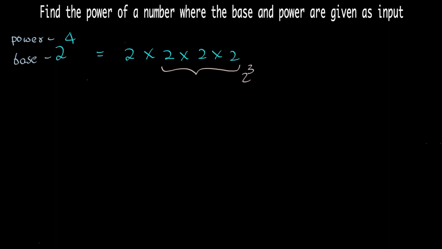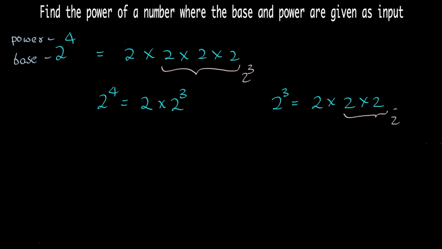So I'll rewrite this as 2 to the power of 4 can be written as 2 multiplied by 2 cube, right? And we know that 2 cube is 2 into 2 into 2. We also know that these two terms can be recombined to form 2 square, right?